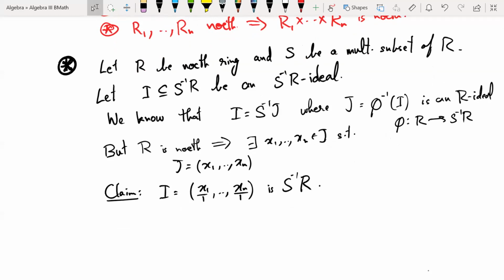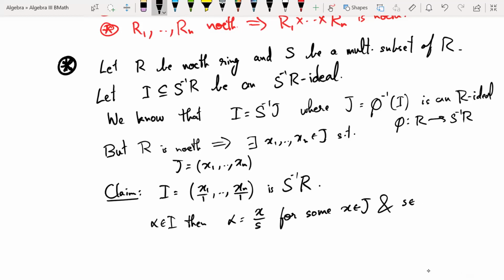It's S inverse J, so if alpha belongs to I, then alpha equals x over s for some x in J and s in R. This is what we saw S inverse J looks like: the numerator is an element of the ideal J, and the denominator is some element of S.